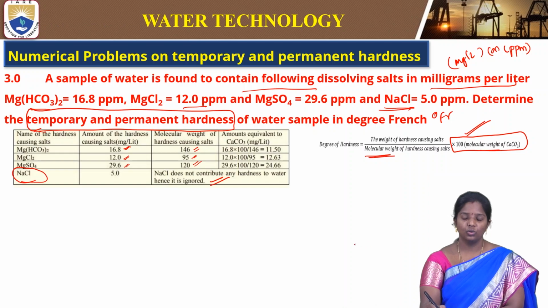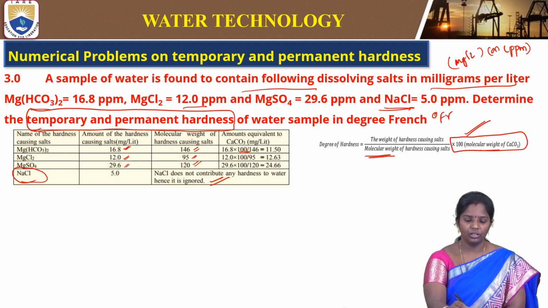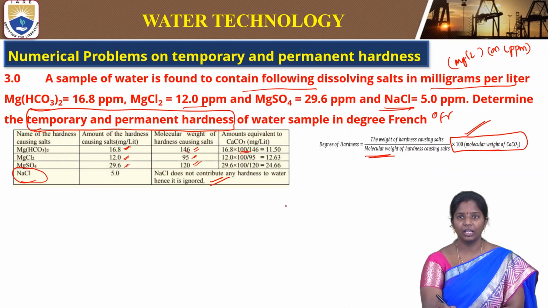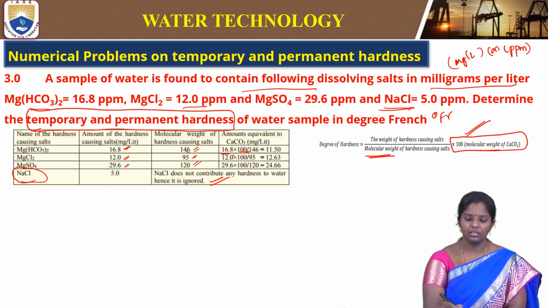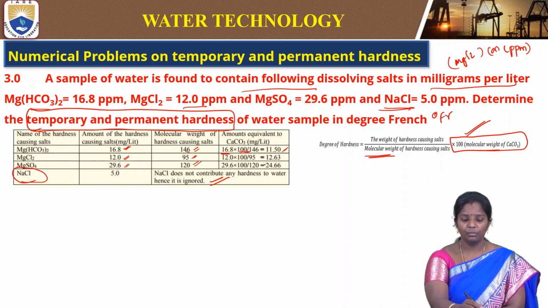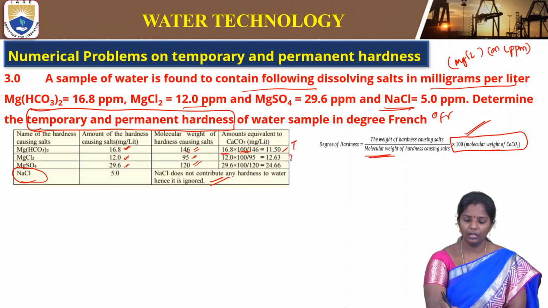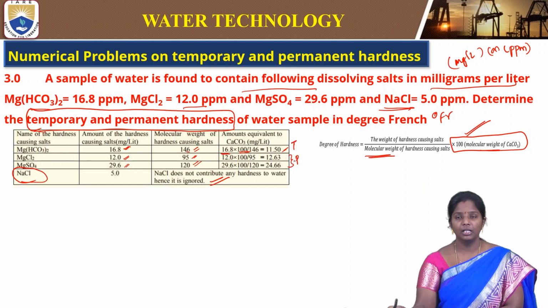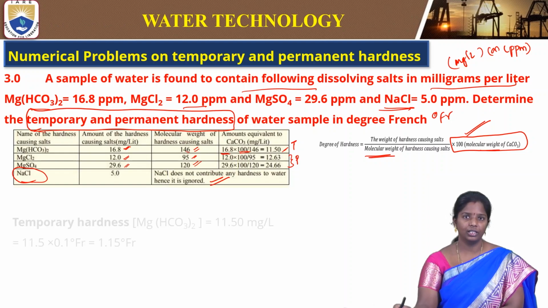Now get the equivalent of calcium carbonate: 100 divided by 146, the molecular weight, gives the equivalent, and multiply with the concentration present in the water to get 11.5. Do the similar thing for all three salts. The bicarbonates will cause temporary hardness, while magnesium chloride and magnesium sulfate will cause permanent hardness to the water. Accordingly, we use these for the further calculations.